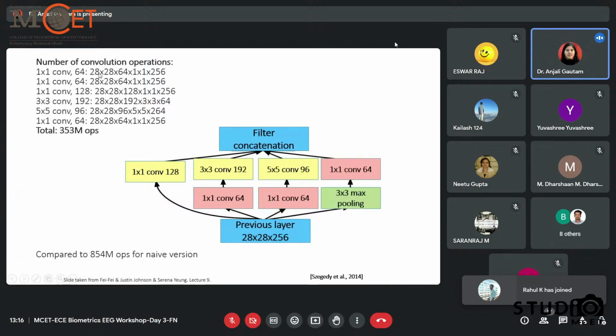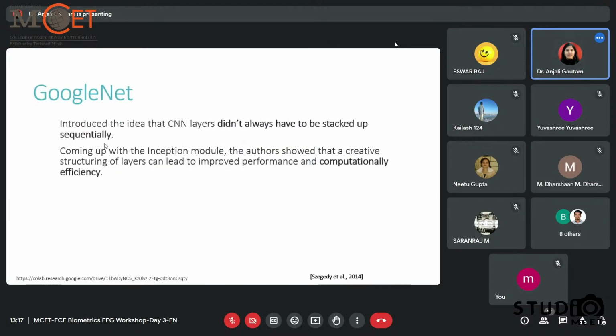1 cross 1, 64 will be 28 cross 28 cross 64, and then multiplied by 1 cross 1 cross 256 and so on. Now the number of operations is less compared to the previous one, where it was around 800 million.